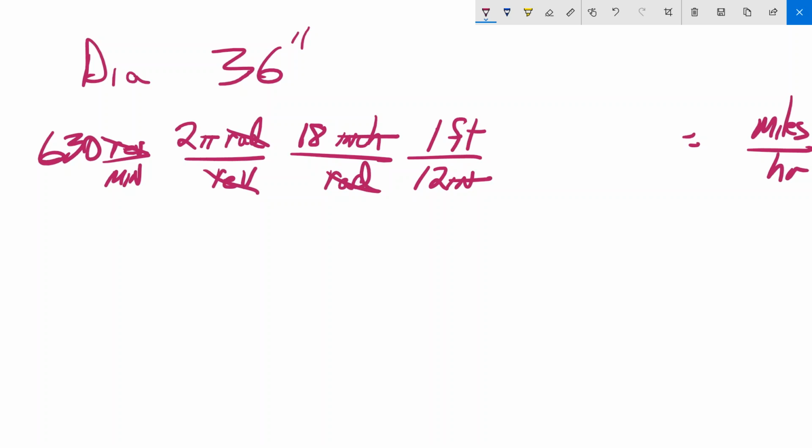There are 5,280 feet per mile. Gets rid of the feet. Now we're in miles per minute. Got to change it to miles per hour.